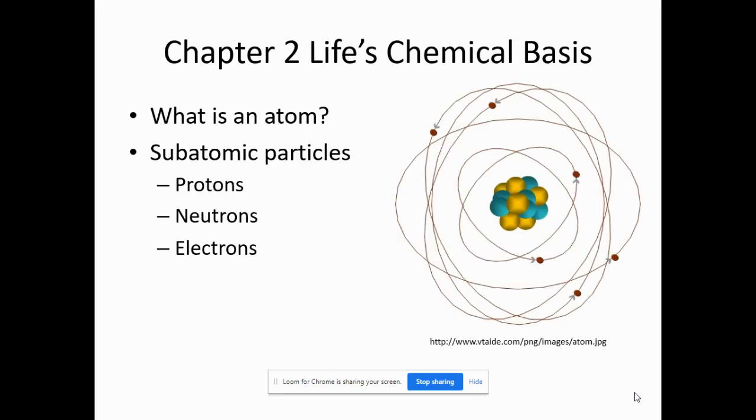All right, so what is an atom? Atoms are the building blocks of all matter, and you can break an atom down into subatomic particles. Those are protons, neutrons, and electrons, and those particles make up an atom.